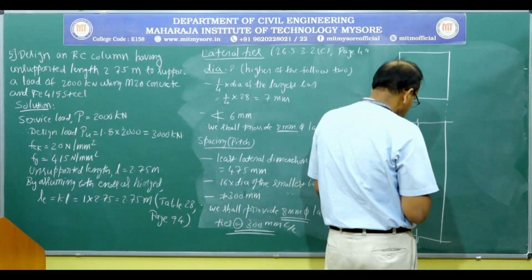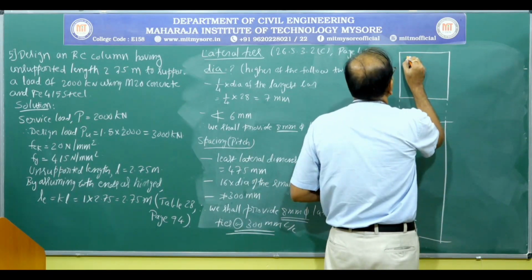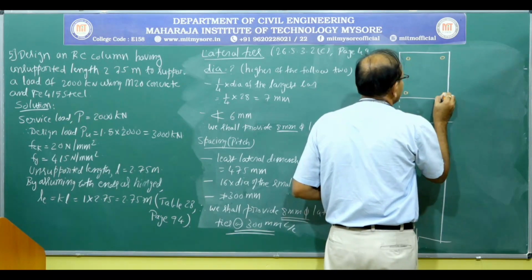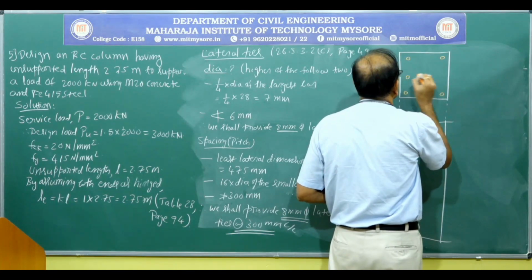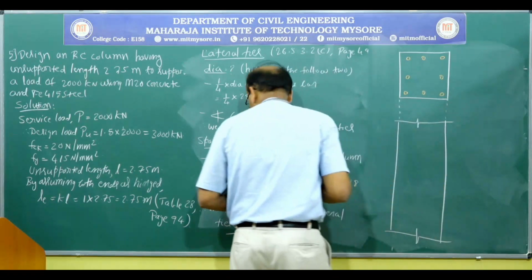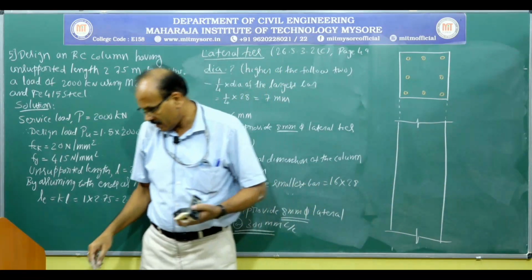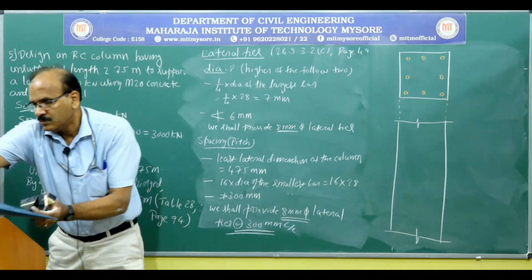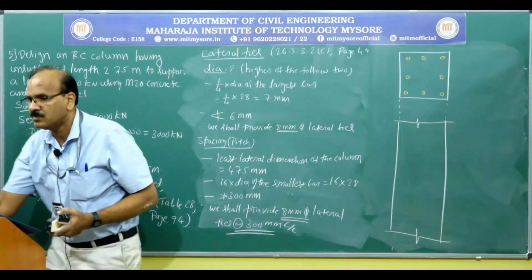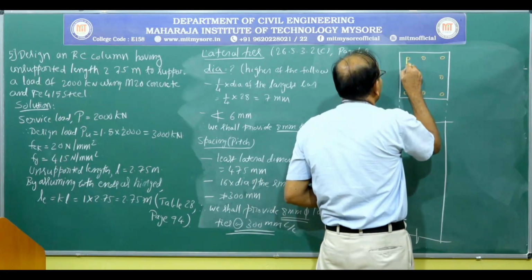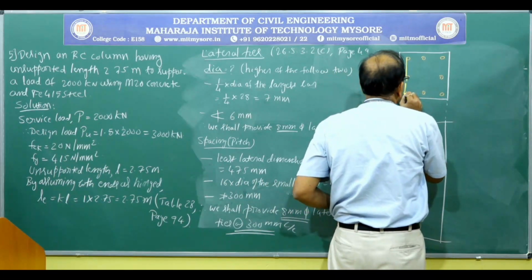So we are providing 8 bars. Okay, and the lateral ties we are going to provide like this.